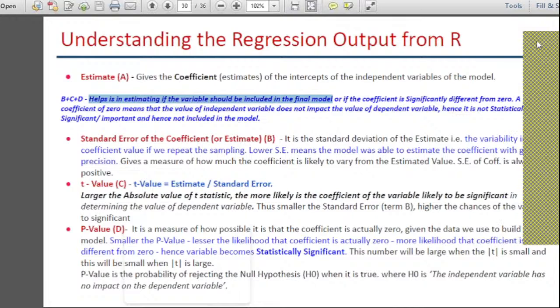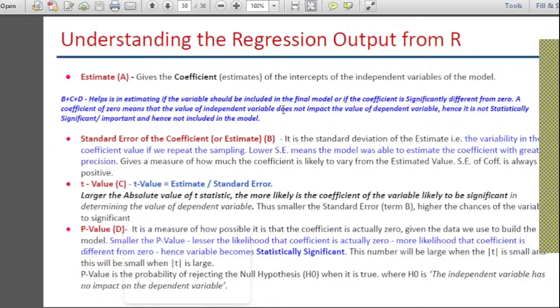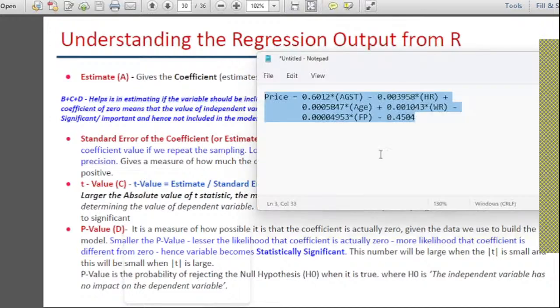So, I repeat, only the statistically significant variables will be included. Looking at this equation, can you tell when a variable will not be statistically significant? When I make this coefficient 0. Yes?